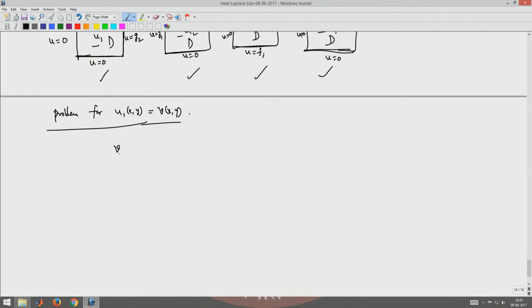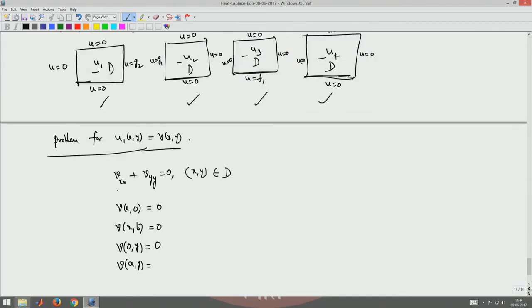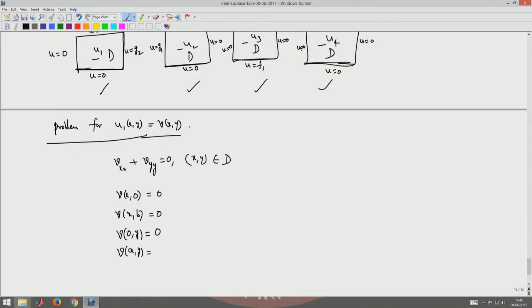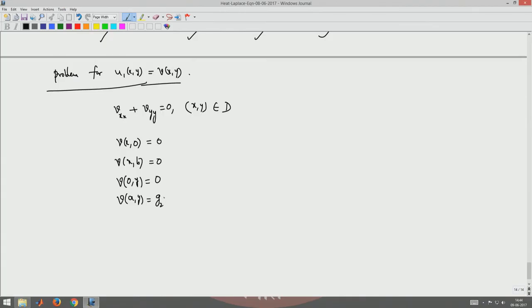So v_xx plus v_yy equal to 0, (x, y) belongs to the domain, that is a rectangular domain, and v at (x, 0) is 0, v at (x, b) is also 0, and v at (0, y) is g1 of y, v at (a, y) is g2 of y, y belongs to 0 to b.